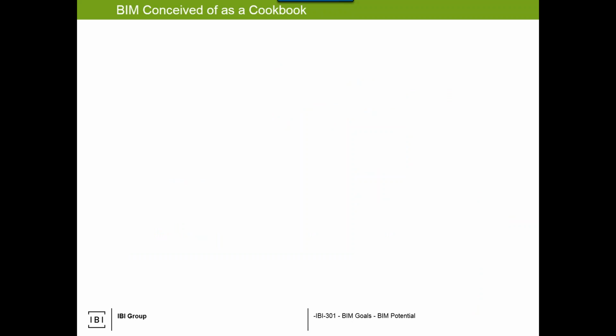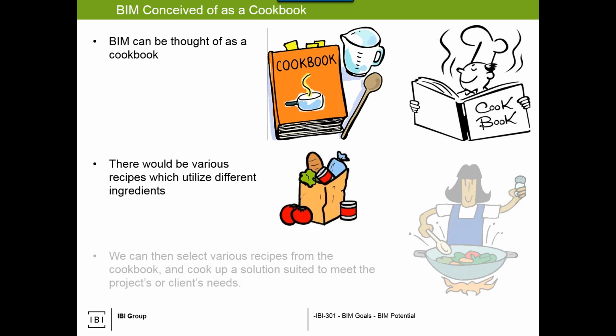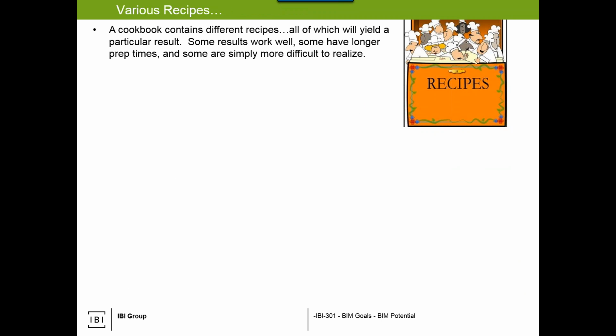BIM as a cookbook. I did discuss this, but this is kind of the premise of what I want to talk about today. BIM can be very, very complex, but I like to describe it as, just think of when you're cooking and whatever you're eating, it's just a collection of ingredients. That's all BIM is. And what you collect can be assembled in various types of recipes.